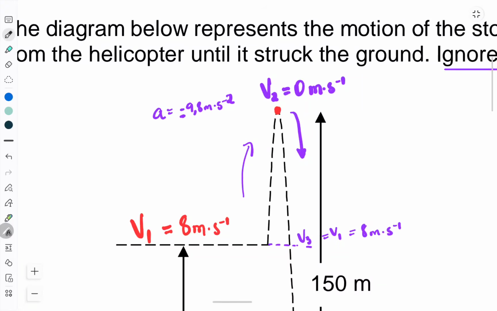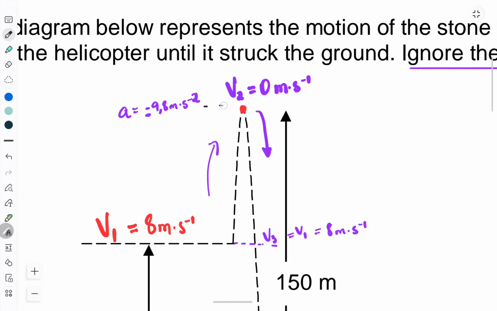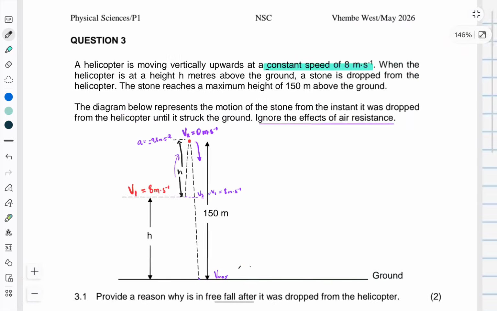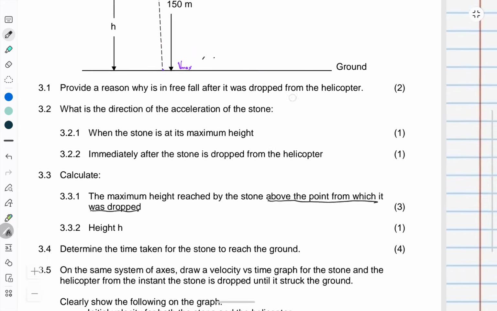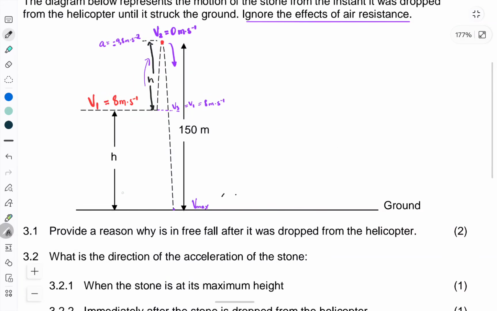When they say maximum height reached by the stone, it's this one, that h, from the moment it was dropped to the moment it reaches the highest point possible before it turns and goes back down. So let's just confirm. The maximum height reached by the stone above the point from which it was dropped. So you must be careful. Someone might be tempted to add that height with this one.